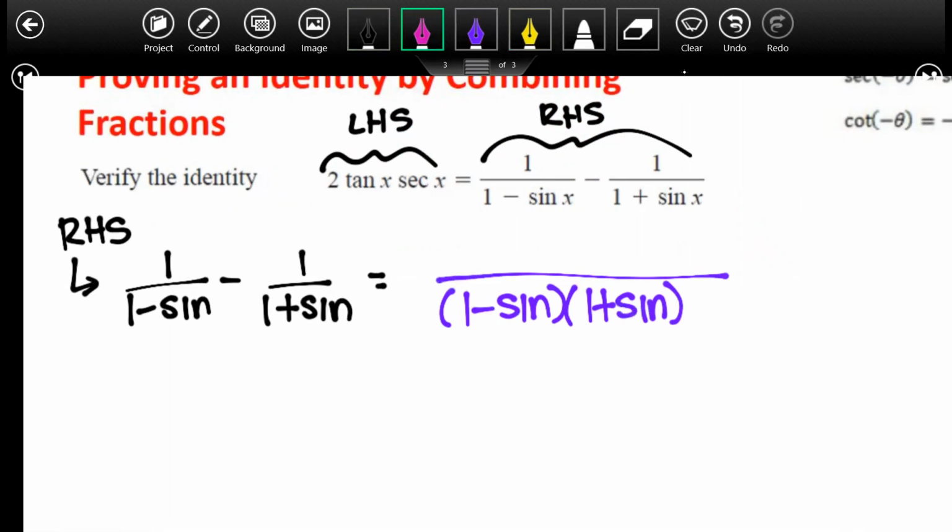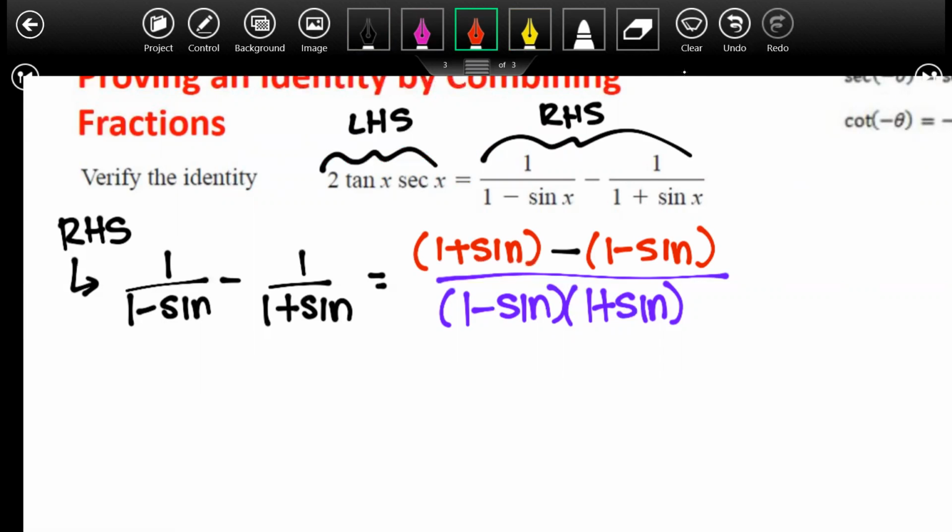And then to get these two on the same fraction, the left-hand side had to be multiplied by 1 plus sine, and the right side had to be multiplied by 1 minus sine. So I'm just jumping a step here. I'm jumping instead of writing the whole thing out, because I want to do more problems with you, and I think you guys can do that by yourself.